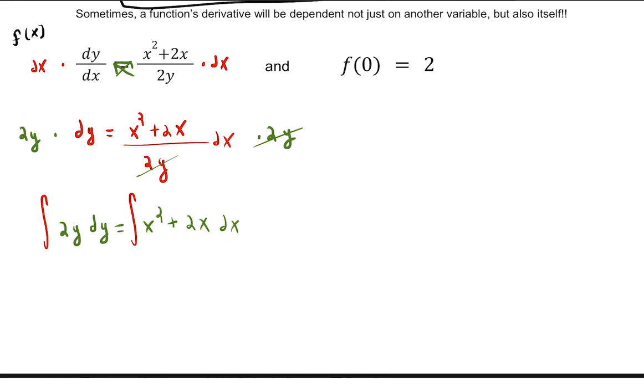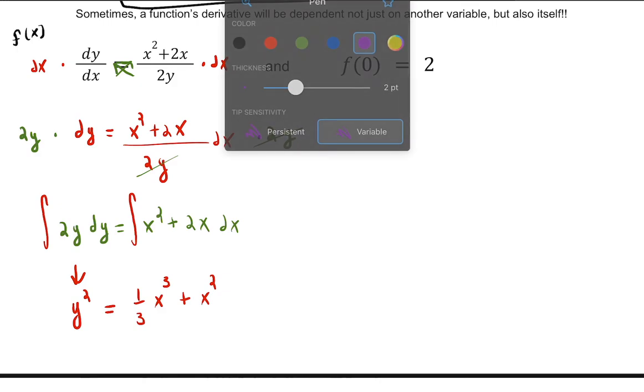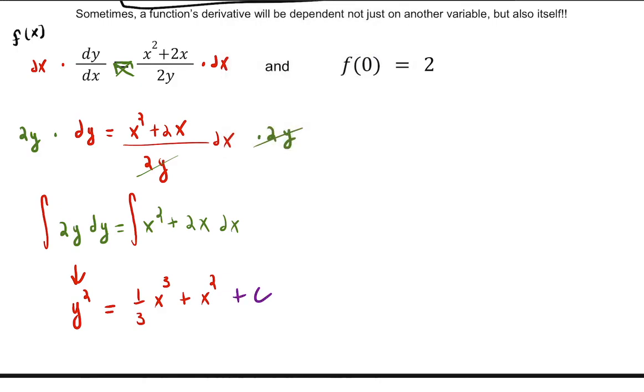And so on the left-hand side, the antiderivative of 2y is, of course, y squared. The antiderivative of x squared plus 2x dx will be 1/3 x cubed plus x squared. And remember, I'm going to do this plus c only on the right-hand side, because we're only going to have really one unknown constant here.